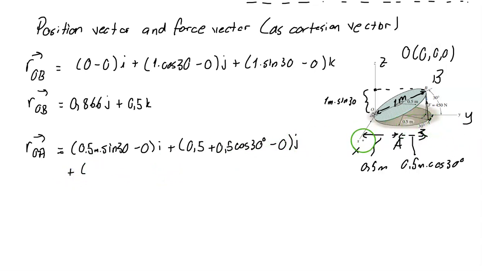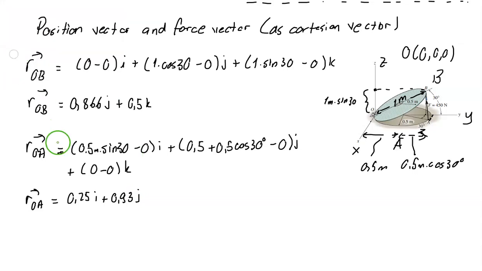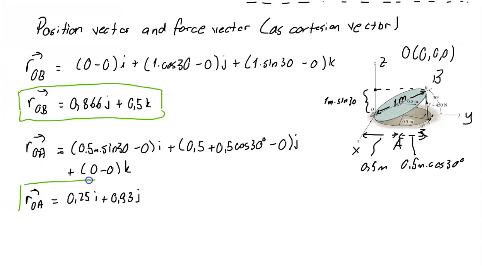point A lies on the xy plane, so Z is 0. The Z coordinate of A is 0, so 0 minus 0K. So I end up with the ROA vector as 0.25 I plus 0.93 J. Okay, so this is my ROB, and that's my ROA.